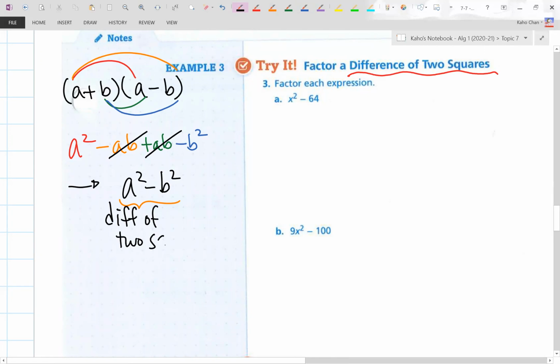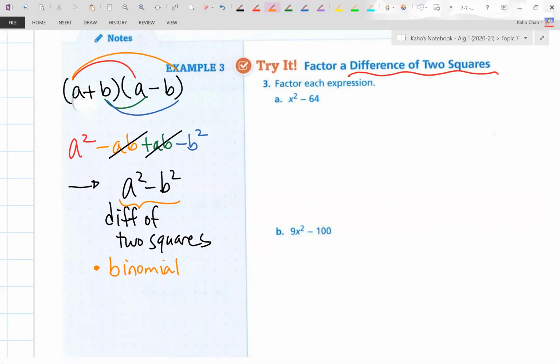If you have a binomial, these are the characteristics. It's a binomial, right? This thing right there is a binomial. And there's a minus sign right there.